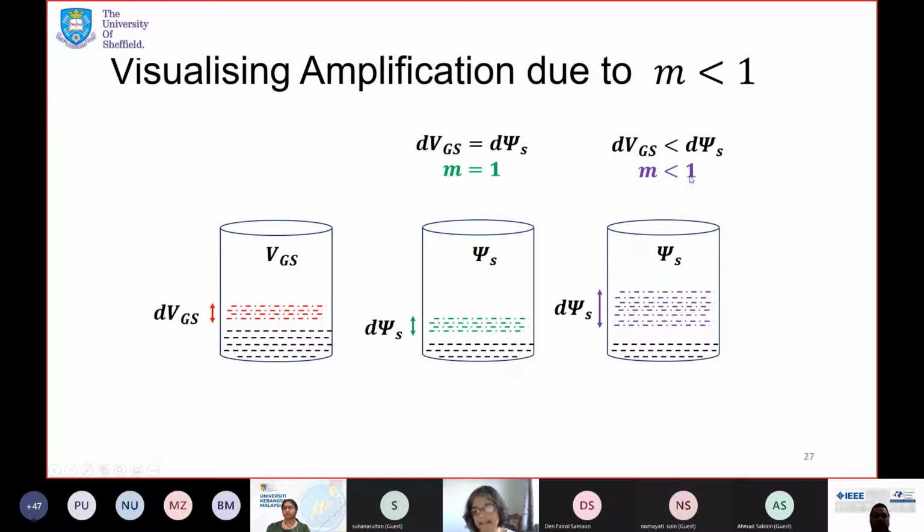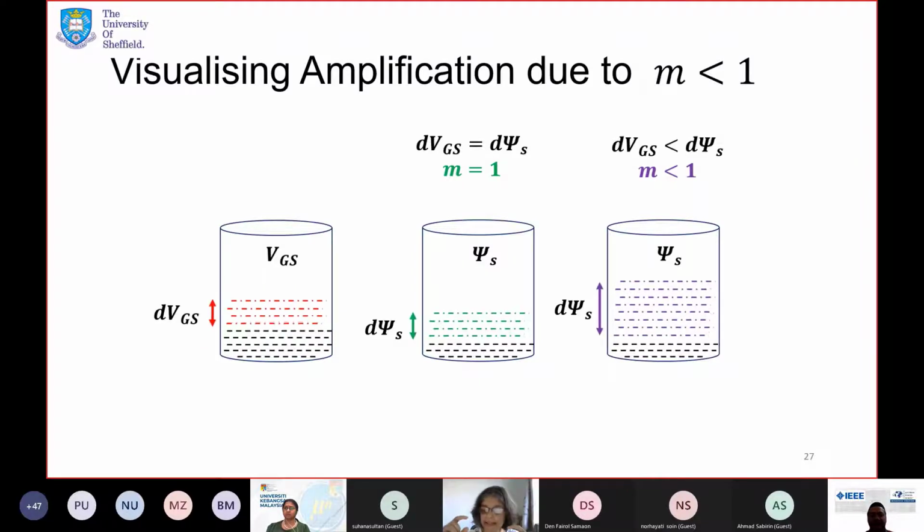But for m less than 1, what we are seeing here is this. We are applying a small voltage on the gate and getting a huge change of potential on the semiconductor. That means we are amplifying this voltage inside the insulator even before it reaches the surface of the semiconductor.